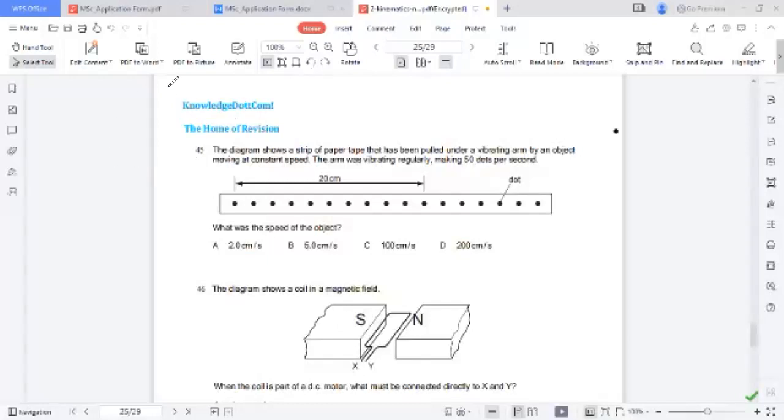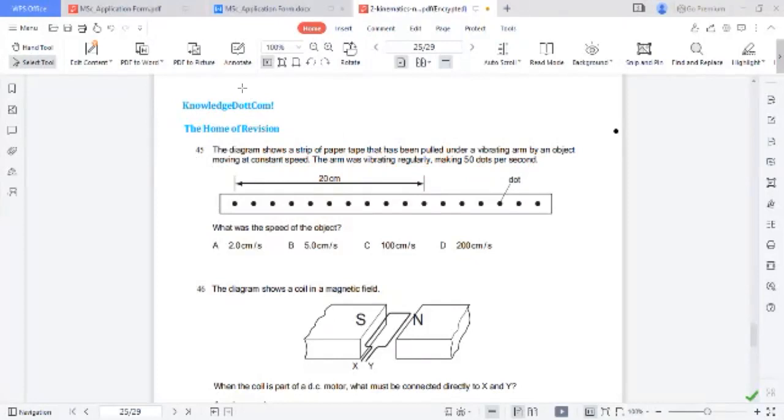In 45 it says a diagram shows a strip of paper tape that has been pulled under a vibrating arm by an object moving at a constant speed. The arm was vibrating regularly, making 50 dots per second.